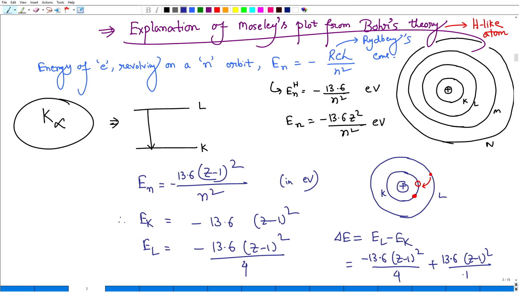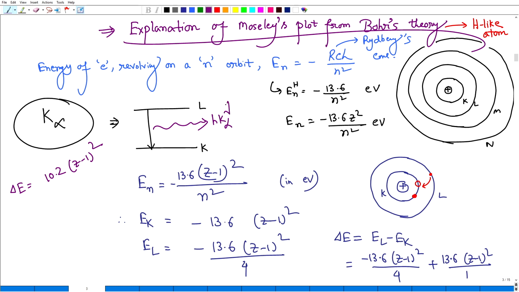If you calculate it, we find that delta E is equal to 10.2 (Z minus 1) squared. This is the transition energy, and due to this transition an X-ray photon is released. What will be the energy of that photon? h nu, or h nu K alpha.